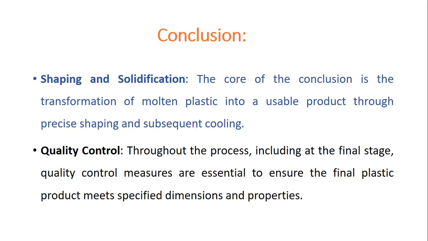Throughout the process, including the final stage, we have to ensure quality control, which is considered the primary measure to confirm that the final plastic product meets the desired specification requirements in terms of dimension and properties.